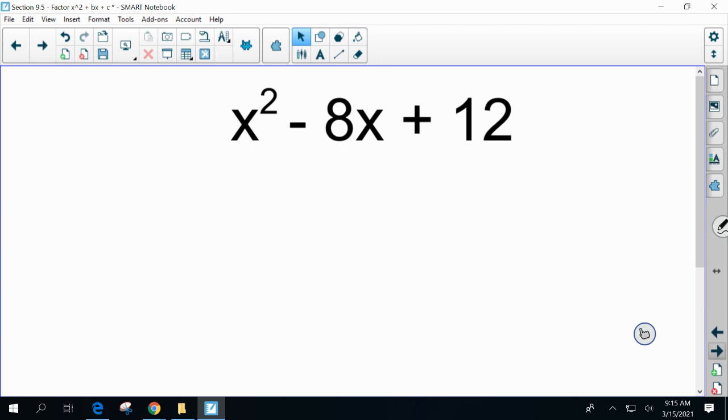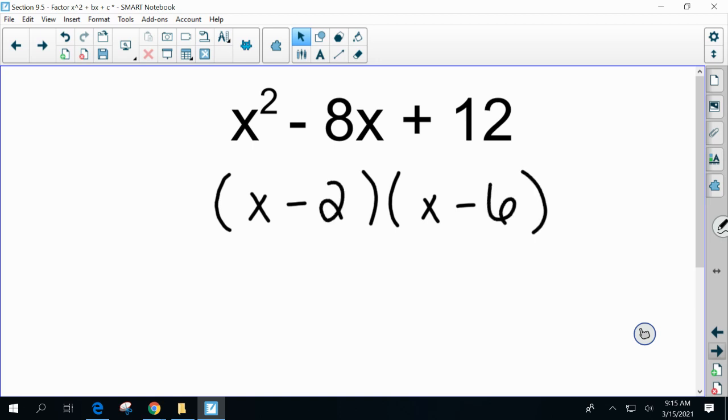So your signs are minus, minus. And what'd you get for your factors? 2 and 6, or 6 and 2. Okay.